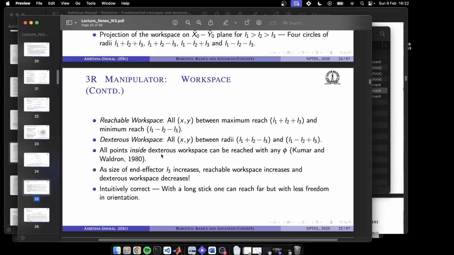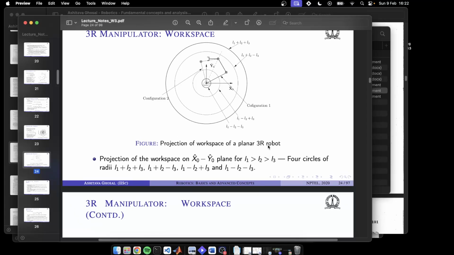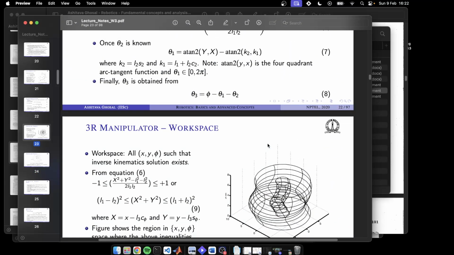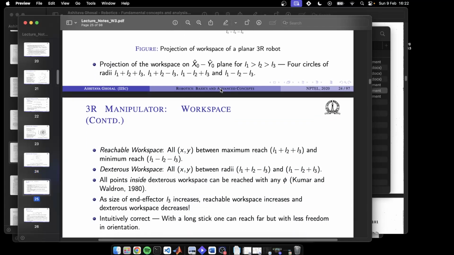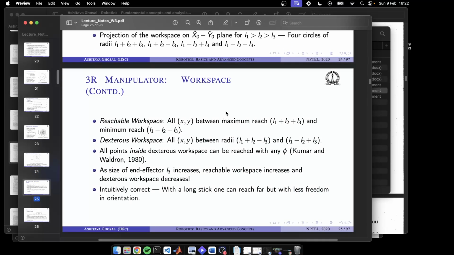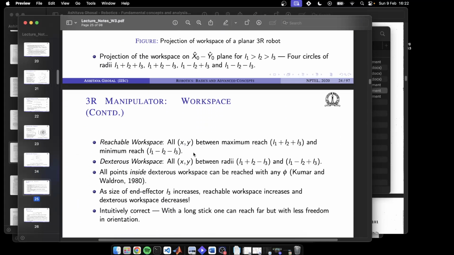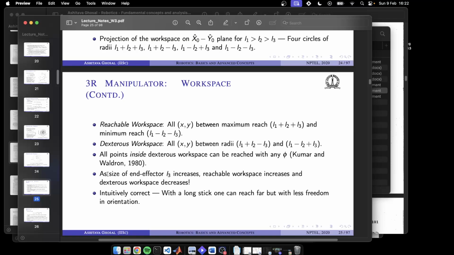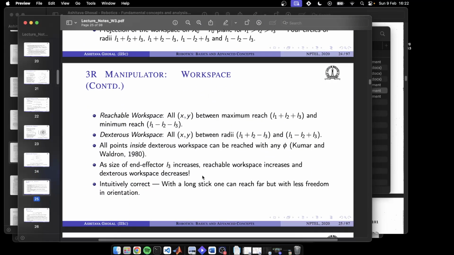So all points inside the dexterous workspace can be reached with any phi, where phi is the sum of all three angles. There are many different ways in which the same point can be reached in the dexterous workspace. And we see that as the size of the end effector, L3, increases, the reachable workspace increases and the dexterous workspace decreases.